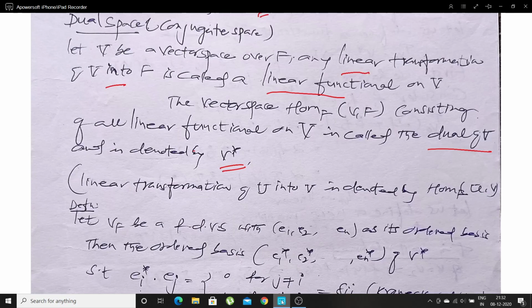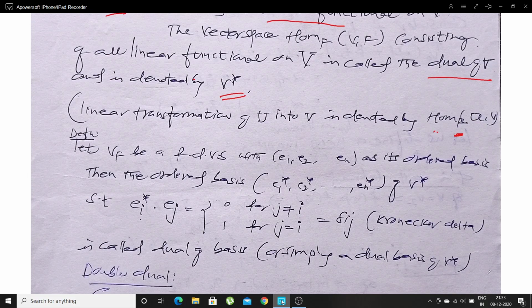A linear transformation from U into V is denoted by homomorphism of U to V over a field F.